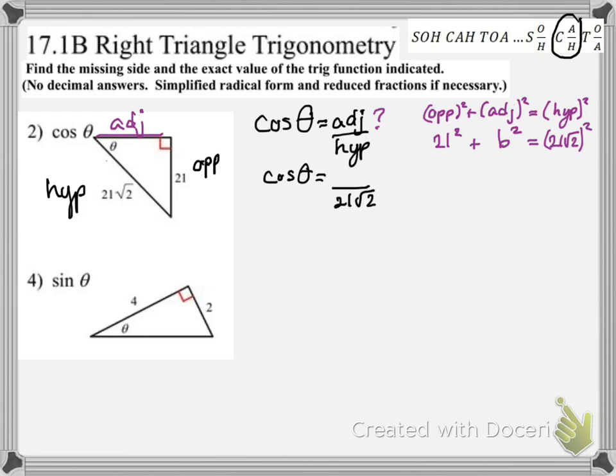If we use our calculator, we can figure out that 21 squared is 441. As far as 21 root 2 squared, that would be 21 squared times root 2 squared, which is 441 times root 2 squared, which turns into the square root of 4, which is just plain 2.